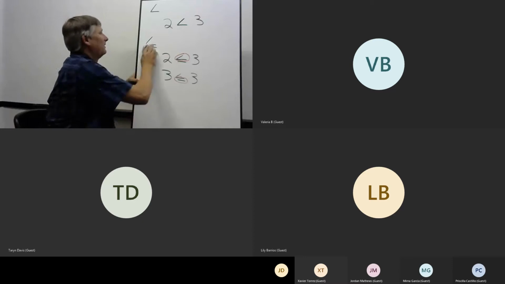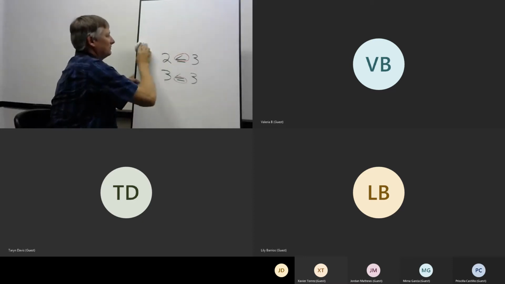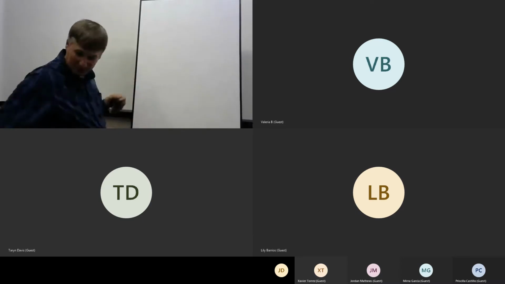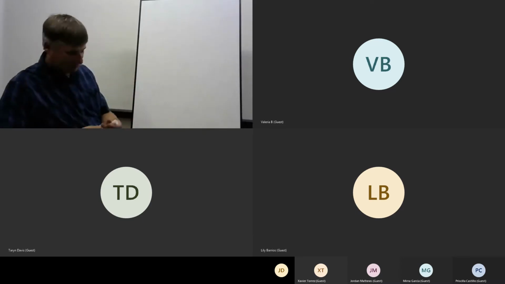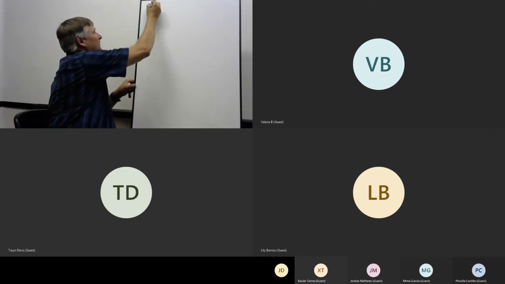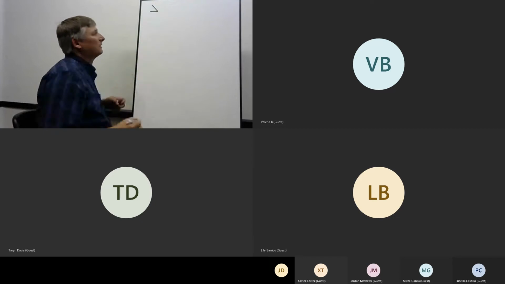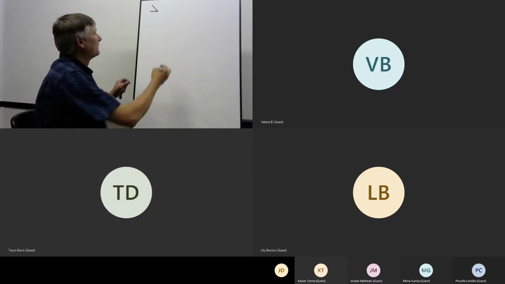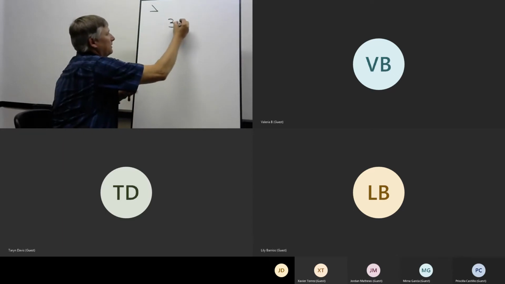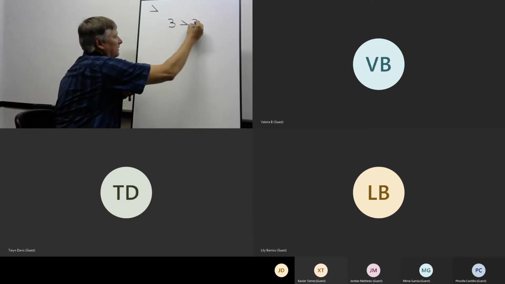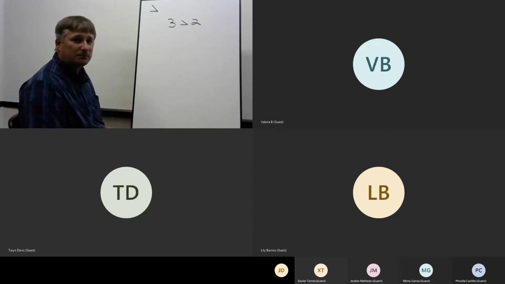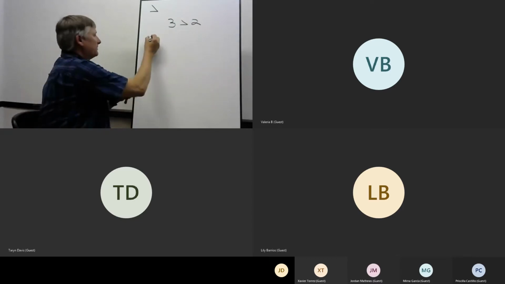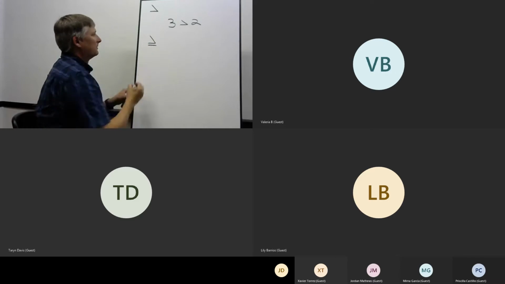Now we have this other symbol. Greater than, and I'm reading this as I go from left to right. So in this case, 3 is greater than 2. We also have this version of it.